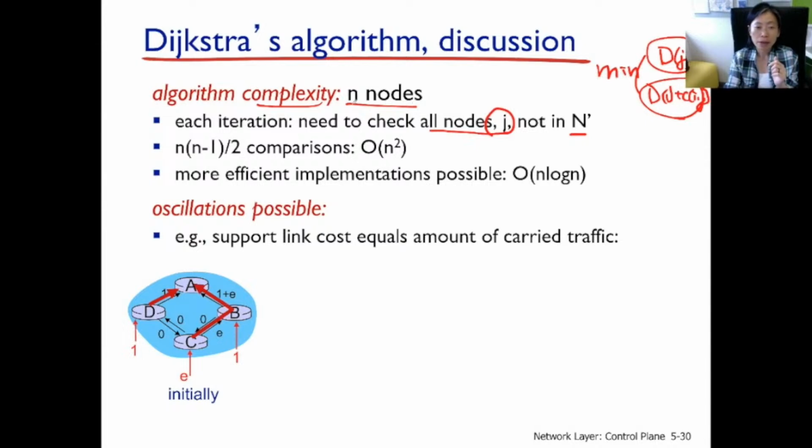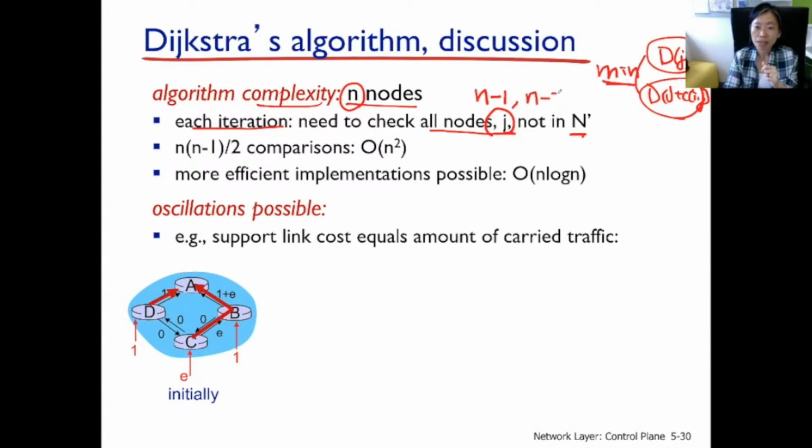Inside the network, there are n nodes. In the first iteration, only the source is in the N prime. How many j's are connected to the source? Yeah, it's fully connected. Therefore, n-1 nodes will all be j, and we'll need to do min for each of these j. First iteration, we'll need to do n-1 comparisons.